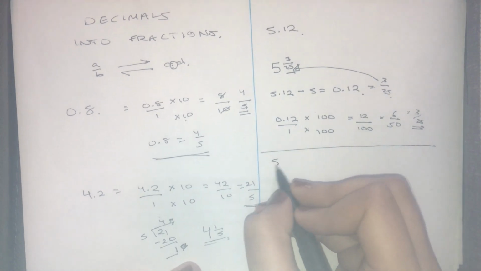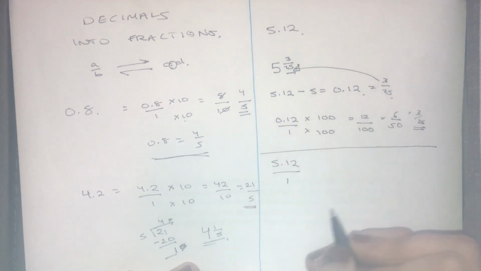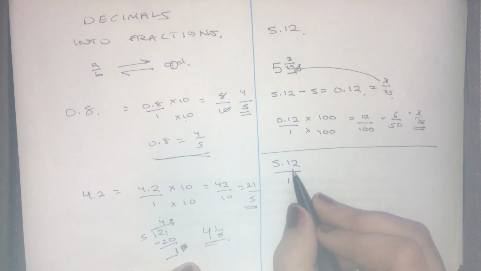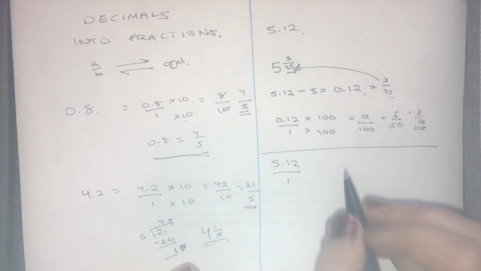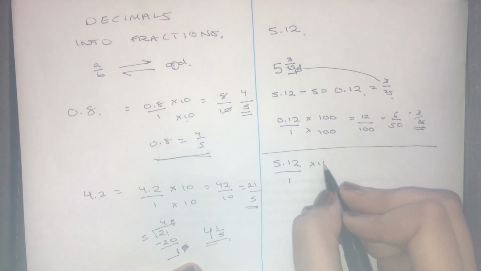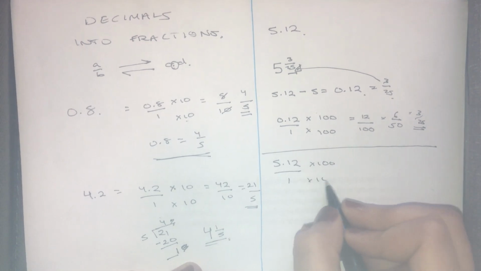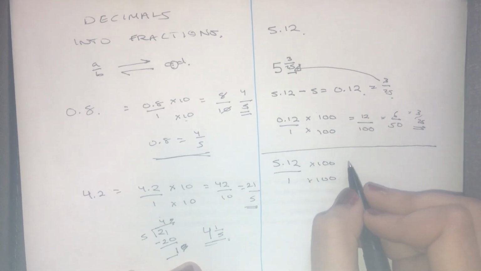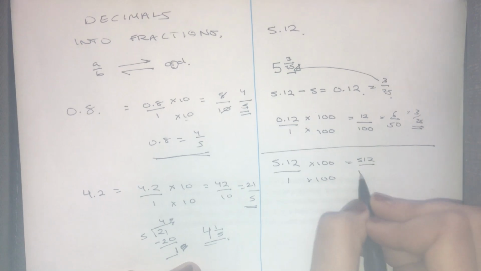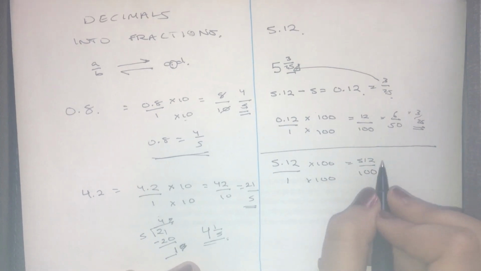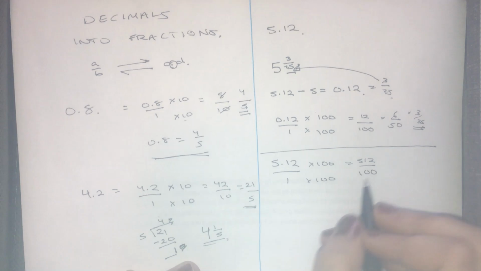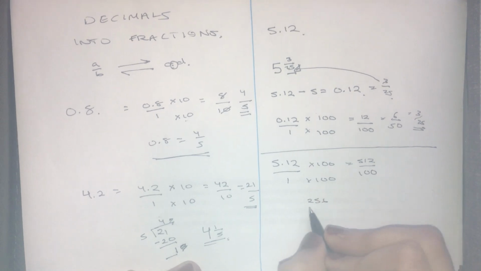Another way of doing it is the one we did before. That is 5.12 over 1, and then because there are two digits after the decimal point, you multiply by 100 on top and on bottom. Now you have 512 over 100, and then you start simplifying it. So now you have 256 over 50.